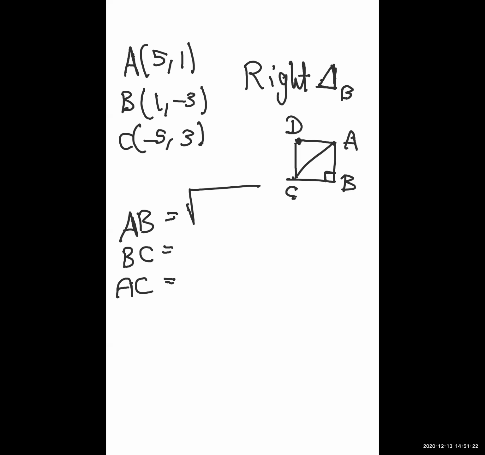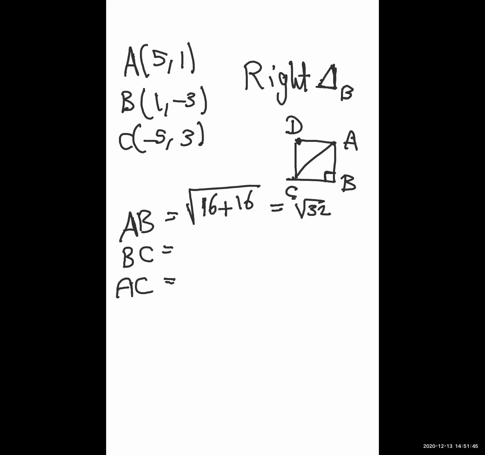So 5 minus 1 squared, which is 4 squared, means 16, plus (y1 minus y2), so 1 minus negative 3, which is 4. 4 squared also equals 16. So AB equals the square root of 32.